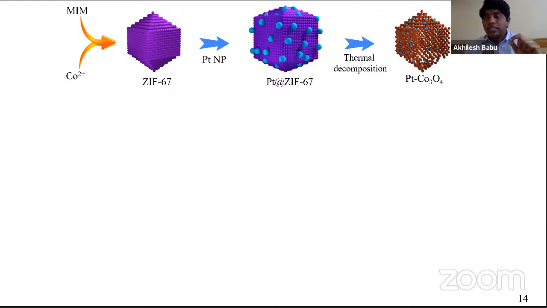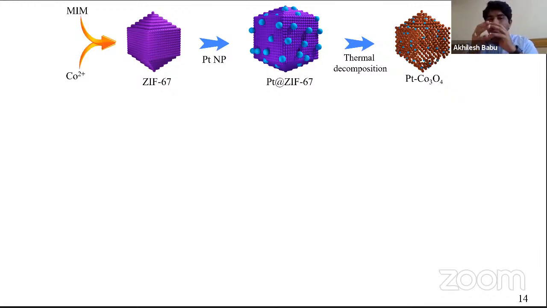Here, initially methyl imidazole was precipitated with cobalt ions, forming the ZIF67. This is a compact, whole structure. Then we separately synthesized the platinum nanoparticles with PVP coating, and we conjugated them to this ZIF.